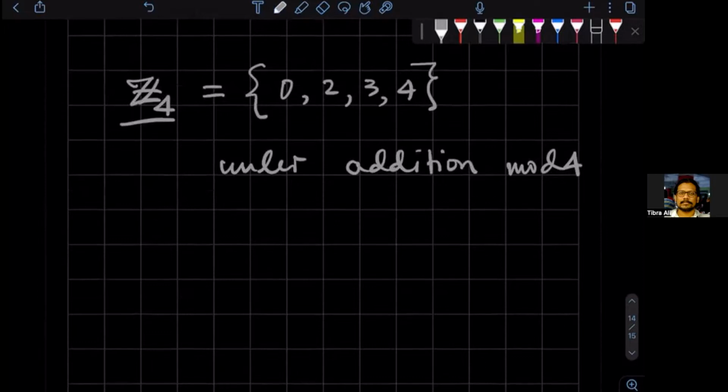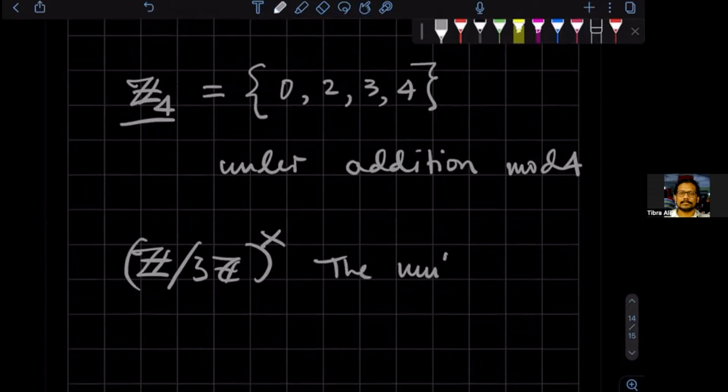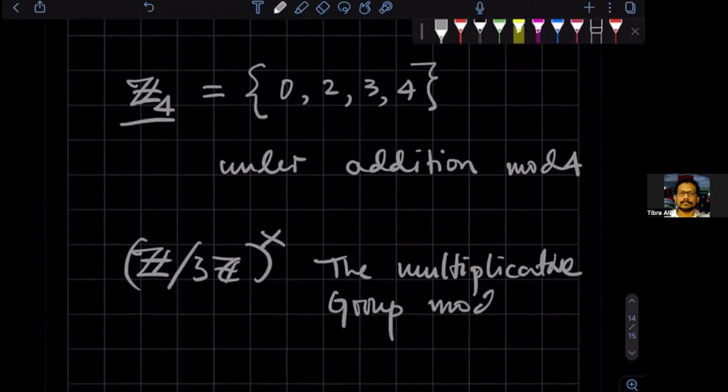which is called, say, Z divided by 5Z, this is called the multiplicative group mod 5. So what are the elements of this group?